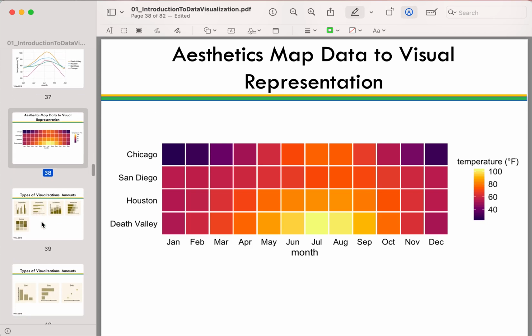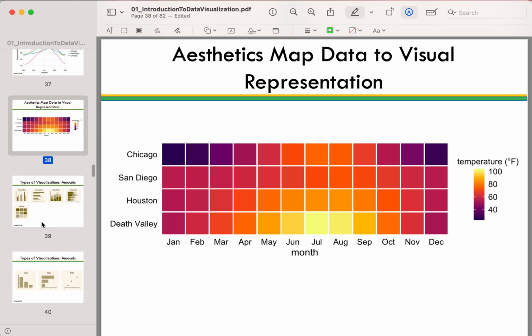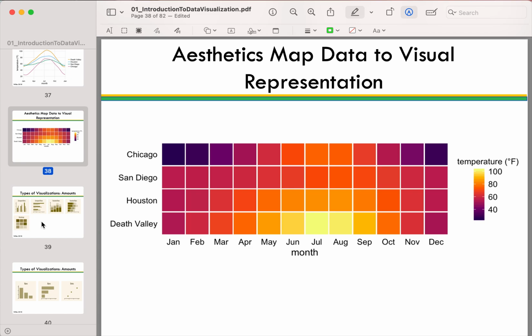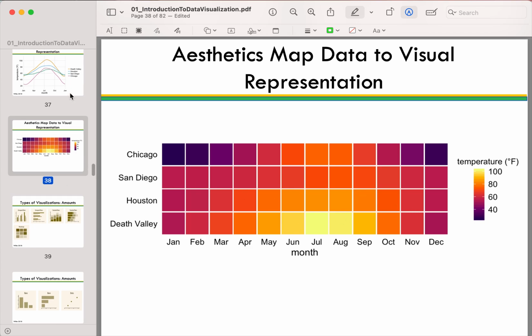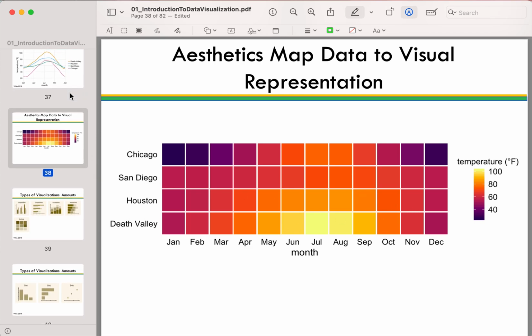So we could use colors, shapes, lines, or a matrix, as in terms of a map, to create the data visualizations. So that is all that we have today for an introduction to data visualization.